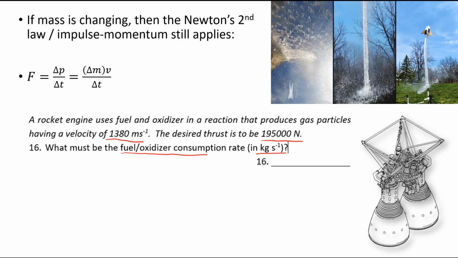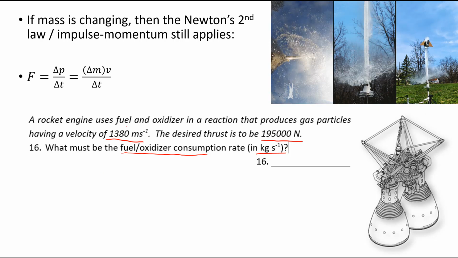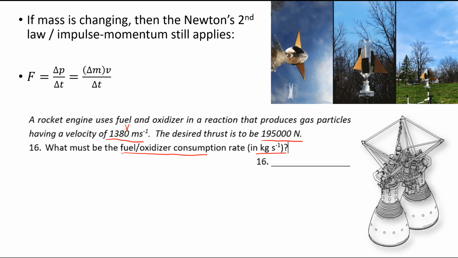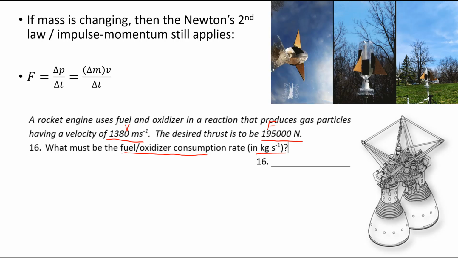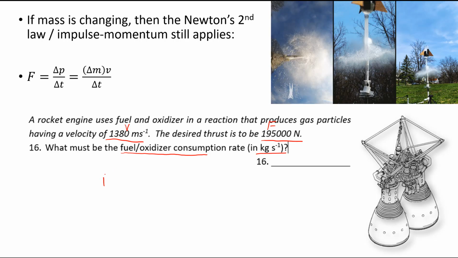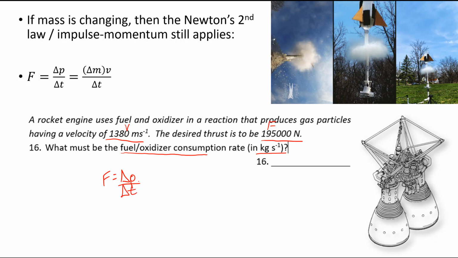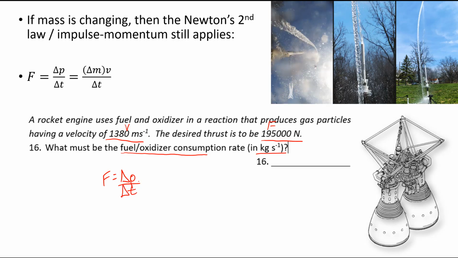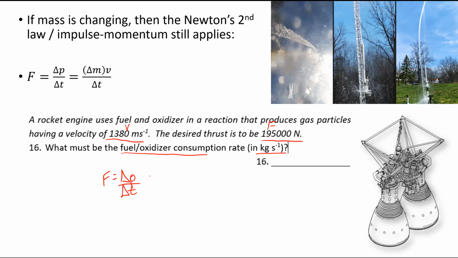So we can set up Newton's second law, or we could use the impulse momentum theorem. We're given the velocity of the oxidizer particles, and we're given the force that we want to produce. Newton's second law says that force is the rate of change of momentum. In this case, we're changing momentum by releasing a certain amount of mass per unit time.